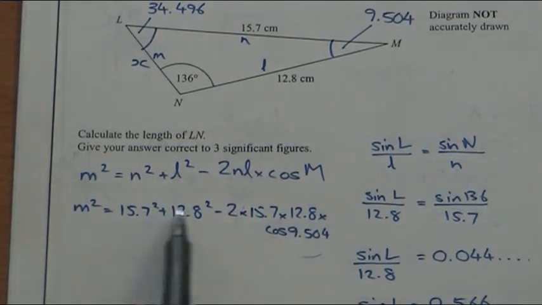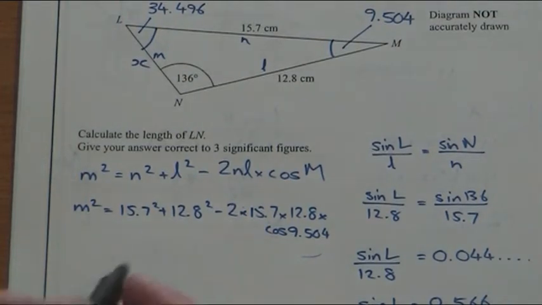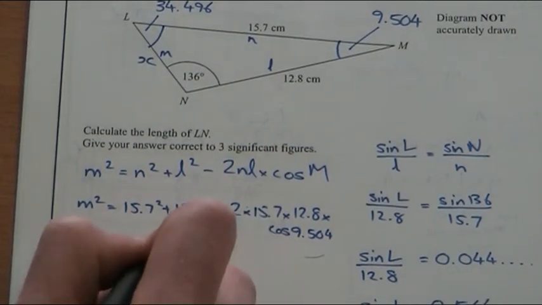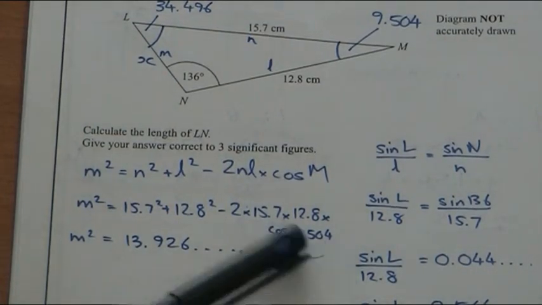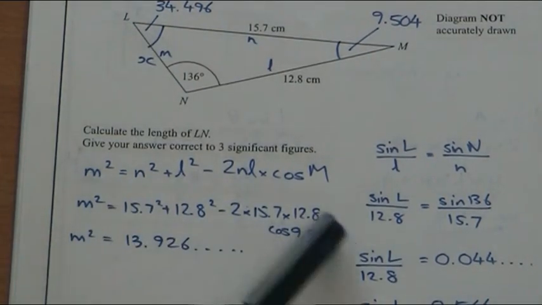So now what I'm going to do is this bit, so I'm going to do 15.7 squared plus 12.8 squared, and then I'm going to minus my answer. And through BIDMAS it would do the squares first. So I make m squared to be 13.926, and that goes on. Now if you have rounded earlier, say for example use that, you're probably not going to be far off, so don't worry too much if you haven't understood what I've just done.